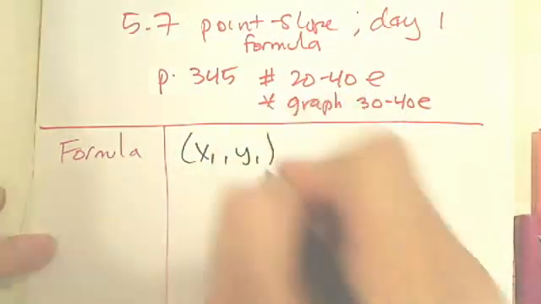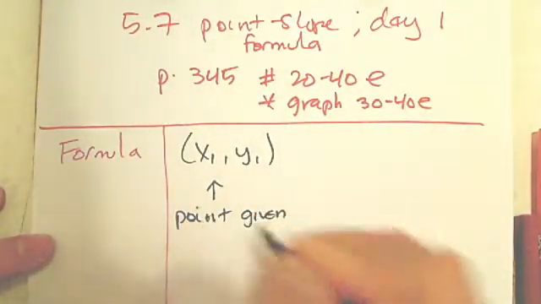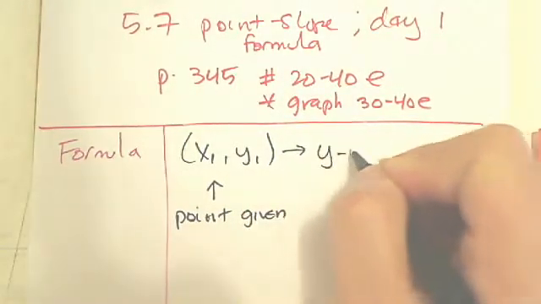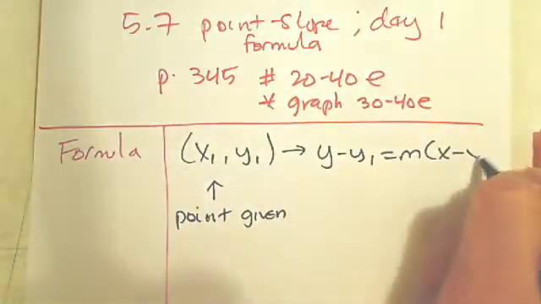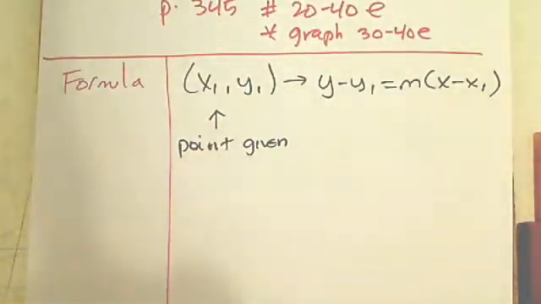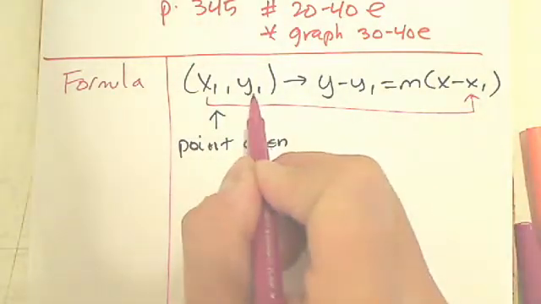x1, y1 is your point given. It could be any point on the graph. The equation is y minus y1 equals m times x minus x1. It's confusing, but all you're doing is substituting in x1 here and y1 here.